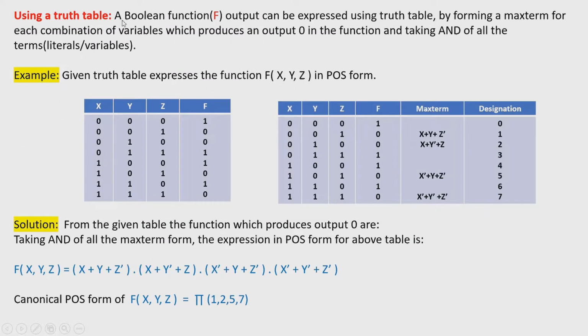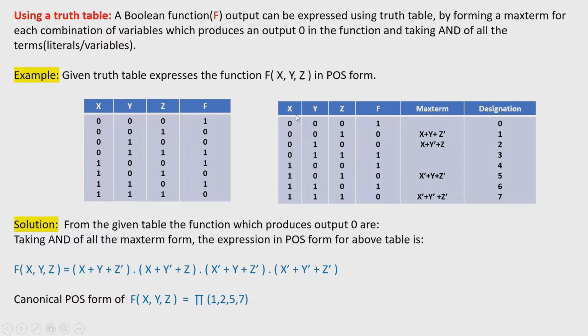Now using the truth table also you can express it, by forming a max term for each combination of variables which produces an output 0. In terms of min terms it was output 1, but in terms of max terms output 0, and then you AND all those max terms. All right, so here this is the answer.